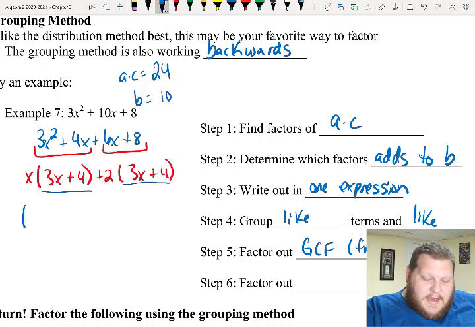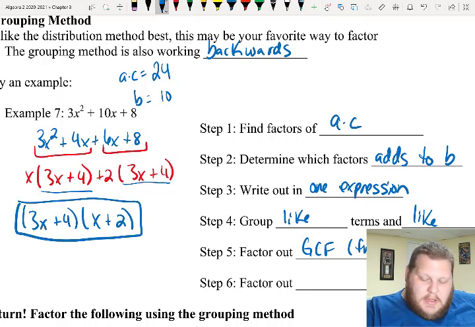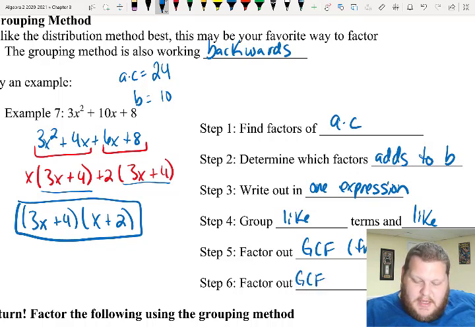So I can factor that out and get 3x plus 4 times x plus 2. And that would be my final answer. And that is that last step. Factor out the GCF again, and in this case, it's going to be your parentheses.